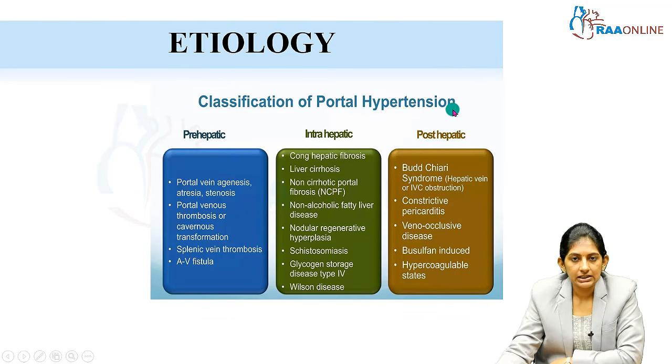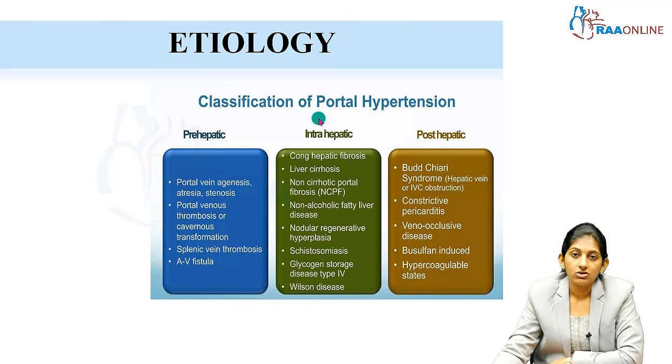So we will see why portal hypertension develops. Portal hypertension can develop because of compression anywhere. It can be prehepatic, intrahepatic or posthepatic. Prehepatic means before the portal vein enters the liver.